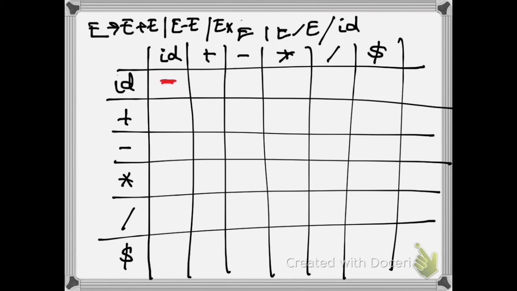So ID and ID. As I said, no two IDs will appear together, so this is an error cell. If this happens, then you have to mark an error. Then remember I said ID has the highest precedence. So ID is greater than everything else.